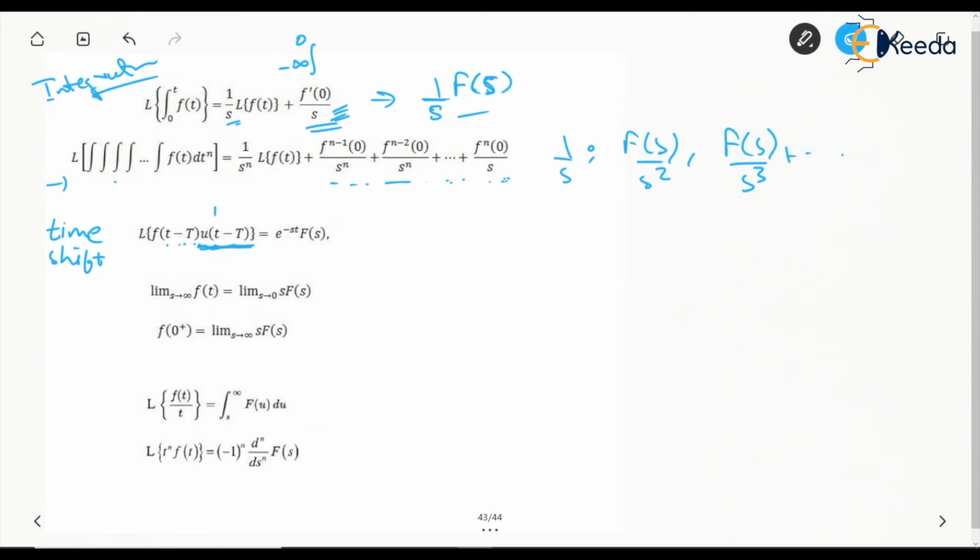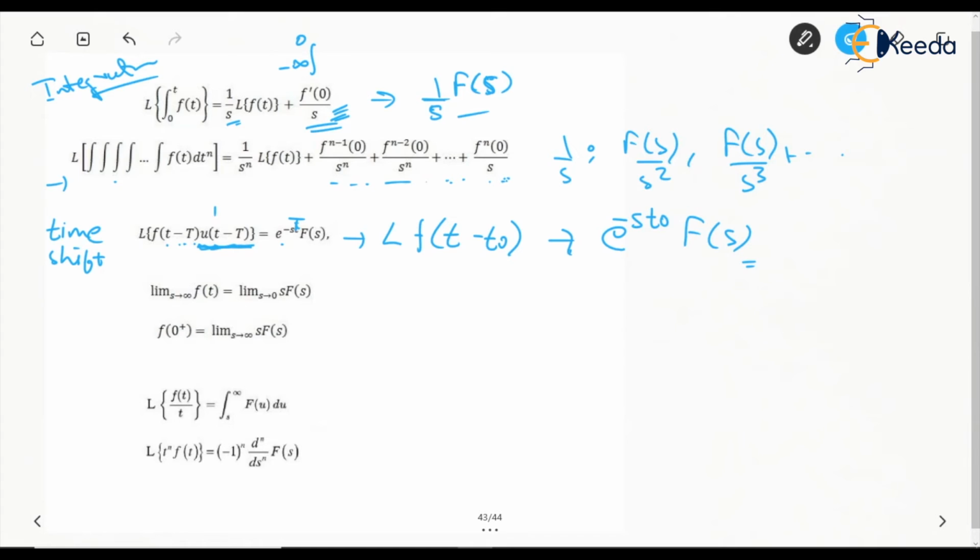So this will reflect as e to the power of minus sT. This is actually capital T. So the Laplace transform of f of t minus t naught will reflect as e to the power of minus s t naught f of s. So take this as capital T, not the small t.